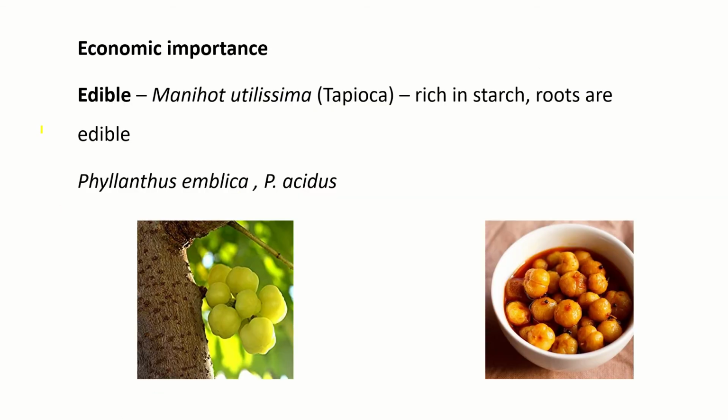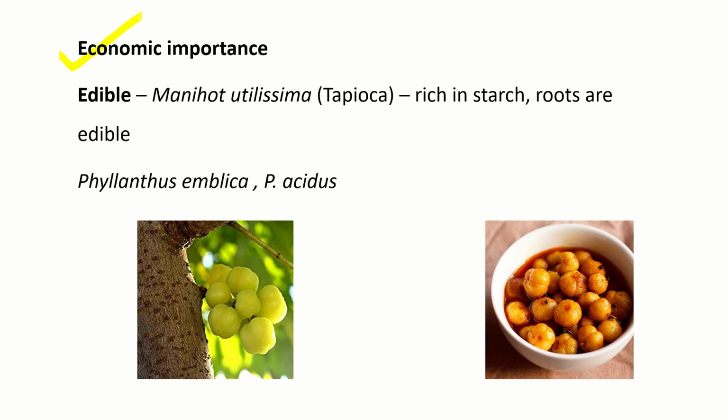Next, see, now we'll come to economic importance. See, the purpose of learning taxonomy, one purpose is research, one purpose is education, this, that, many are there. But above all, if there is some economic importance, this will lead to national development, right?